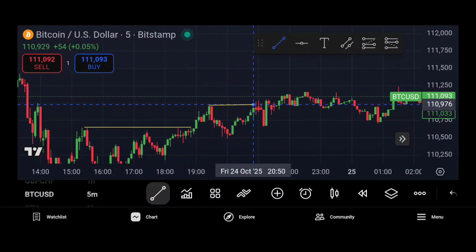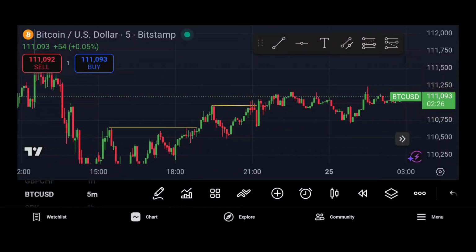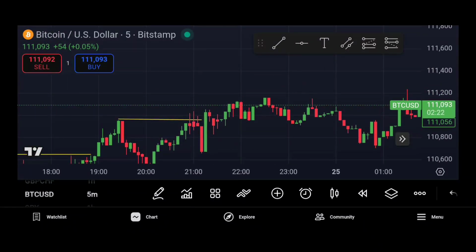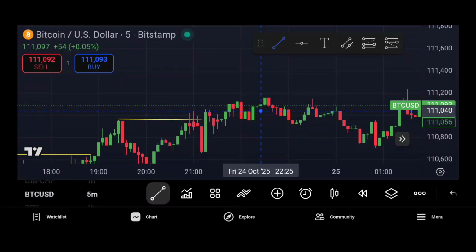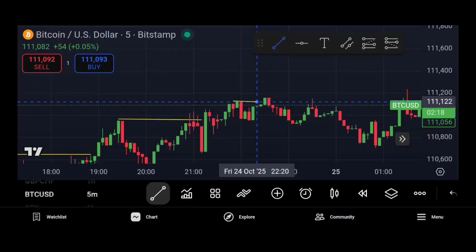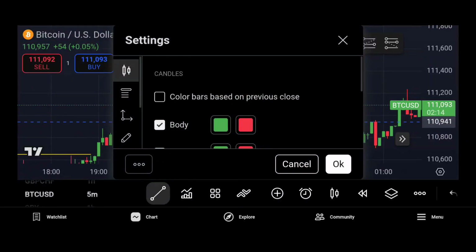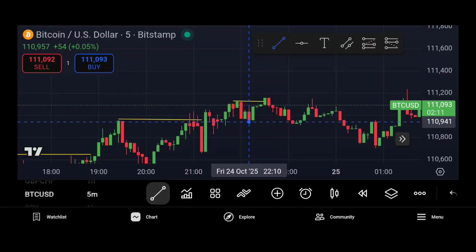Even though it reached a point and broke it, while I use the higher highs and higher lows, the setup was still valid. So as you can see, I marked my levels, higher highs and higher lows.